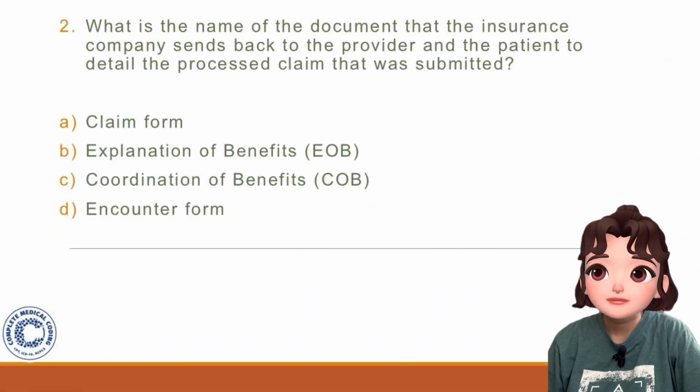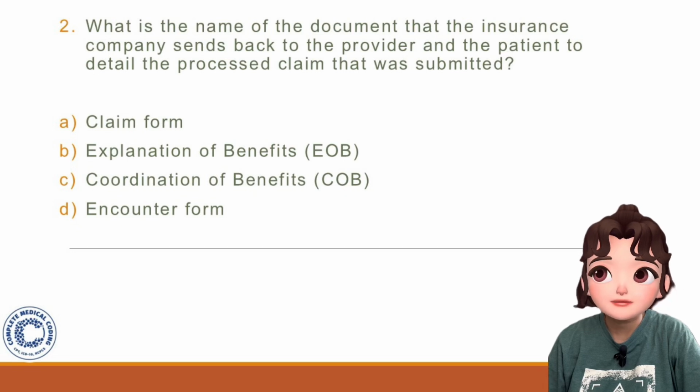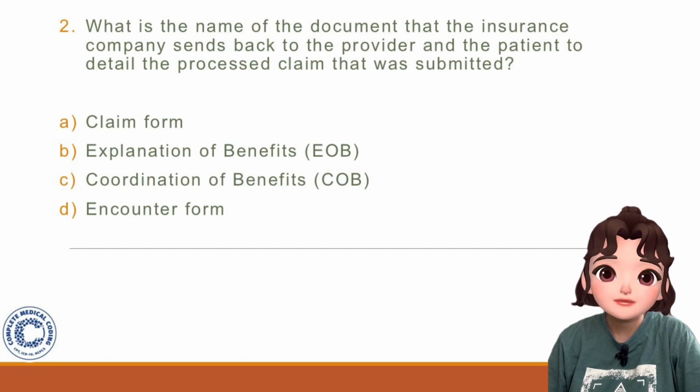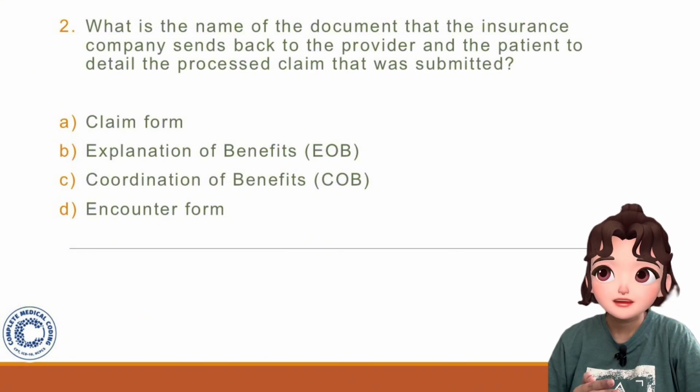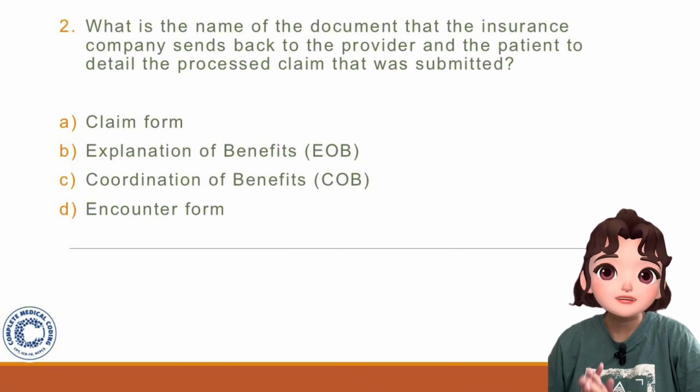Second question. What is the name of the document that the insurance company sends back to the provider and the patient to detail the processed claim that was submitted? The name of the document that is being sent back from the insurance company to the provider and the patient, explaining how the claim has been processed. What is the name of that document called?